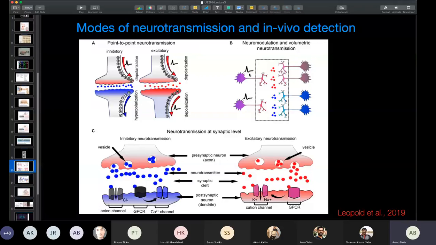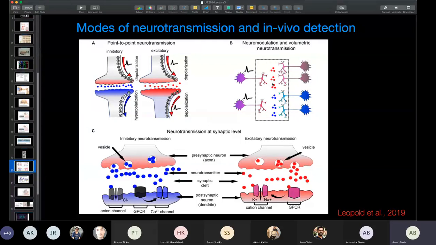But with neuromodulation, which is happening not at a very specific one neuron to one neuron synapse, you also have neuromodulatory effects where the neuromodulators are released from the axon terminals, and one neuron can affect many others. This is called volumetric neurotransmission, as opposed to point-to-point neurotransmission.